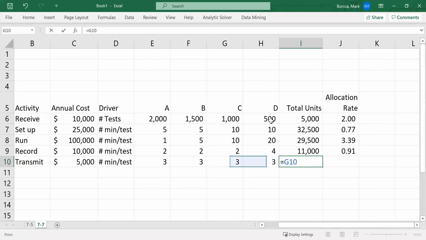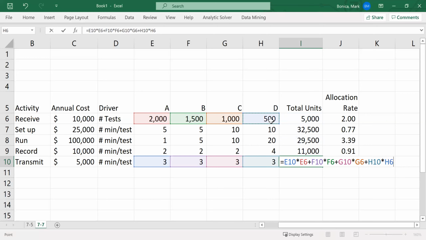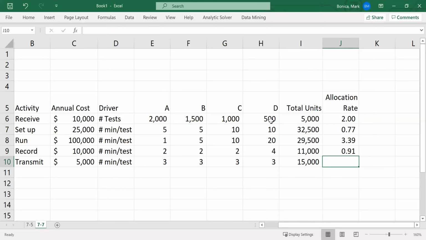Do it again. 3 times 2,000 plus 3 times 1,500 plus 3 times 1,000 plus 3 times 500 is 15,000. There we go. That's better. We take the cost of transmission, which is 5,000, divided by the total minutes of service for transmission, 15,000. That gives us 33 cents per minute.